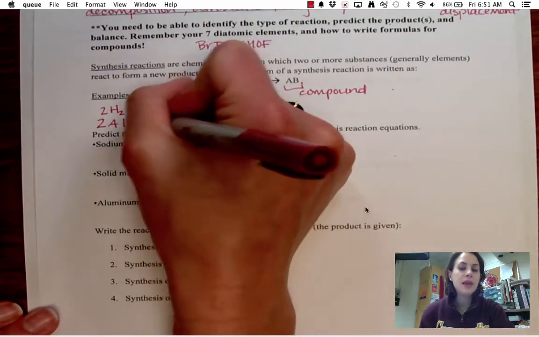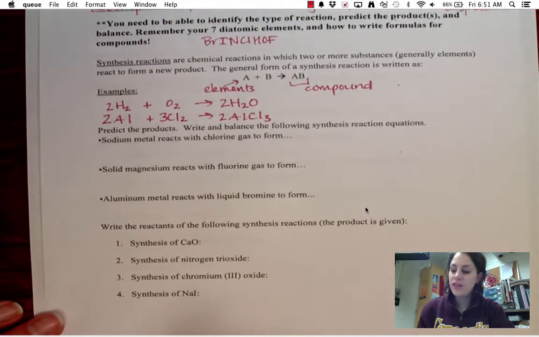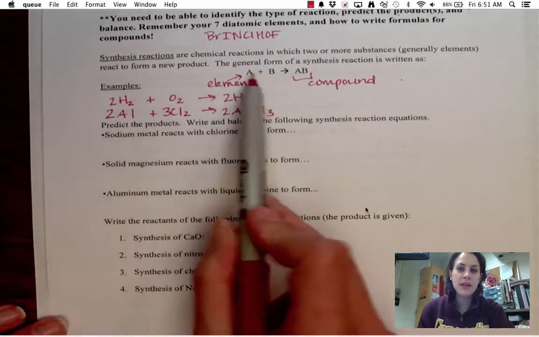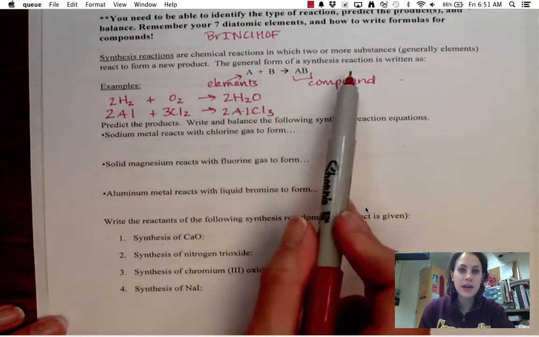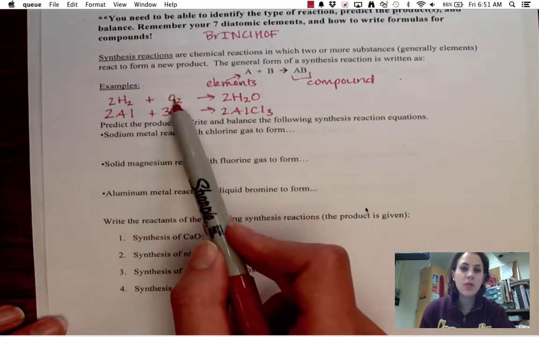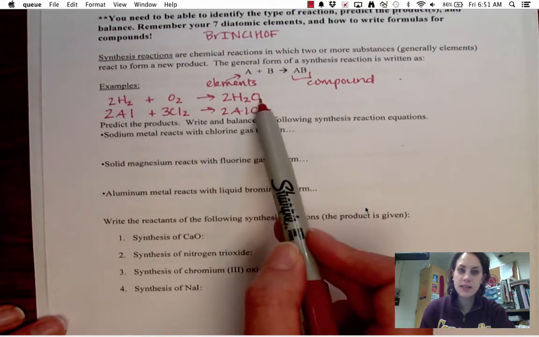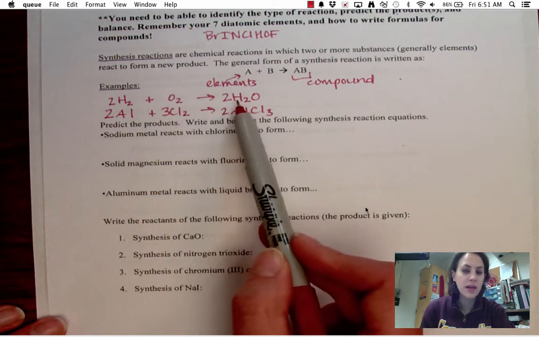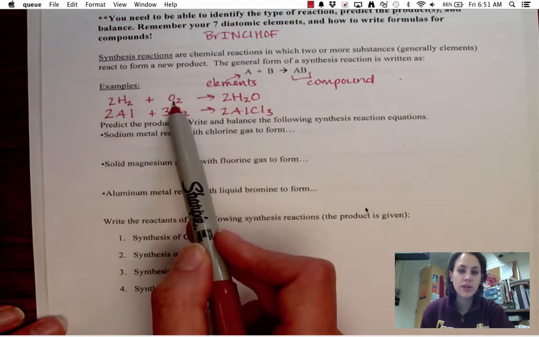There we go. So these all fit into the form of A plus B forms AB as a compound. I have 2 elements that are combining to form one compound, and that compound consists of both of the elements. I don't have anything new showing up.